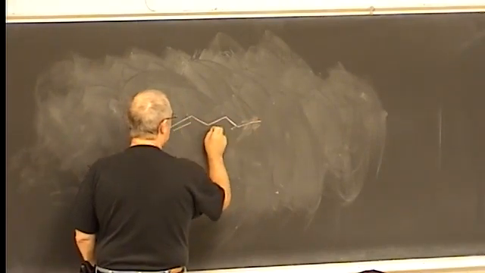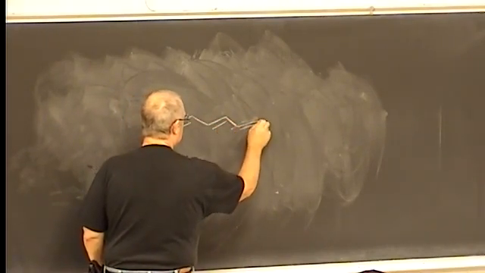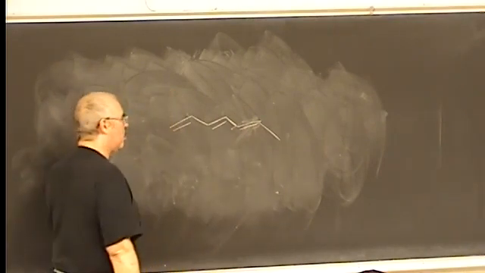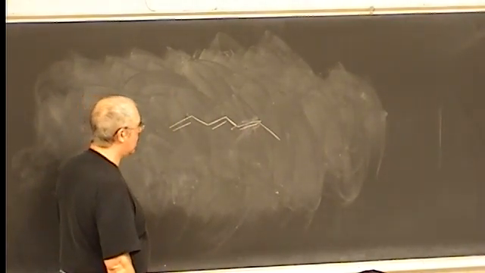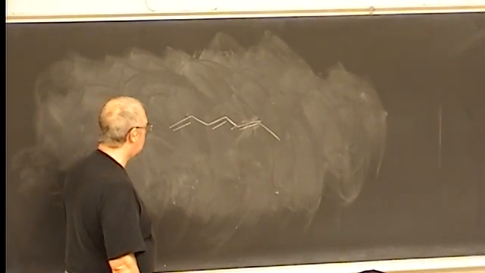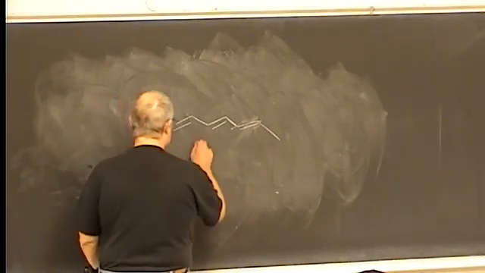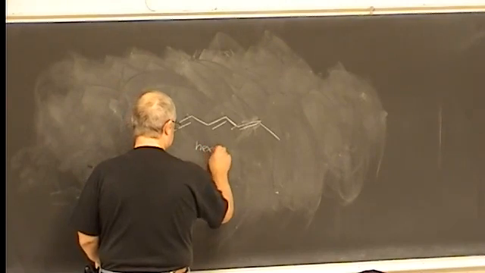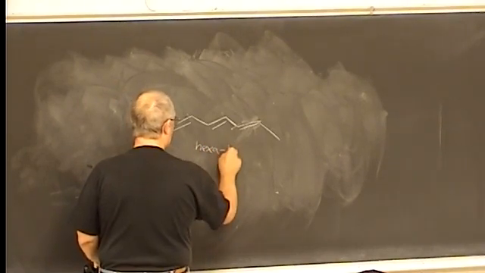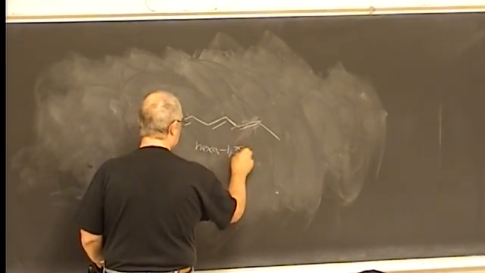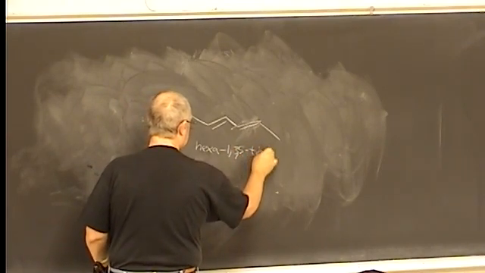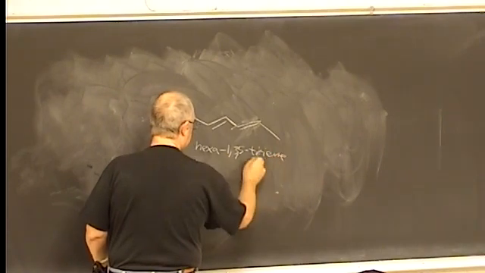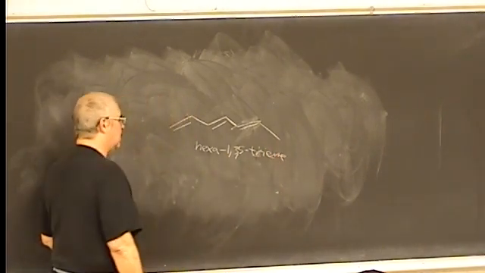If a molecule contains more than one double bond, it would be a diene or triene or tetraene. In this case, this would be hexa-1,3,5-triene. 3 double bonds, triene.